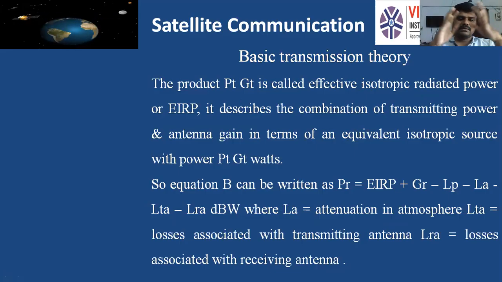The same equation can be written in terms of logarithmic values or decibels, like PR equal to EIRP plus GR minus various losses, that is LP path loss, LA atmospheric loss, LTA transmitting antenna loss, LRA receiving antenna loss. So PR equal to EIRP plus gain of the receiving antenna minus various losses.